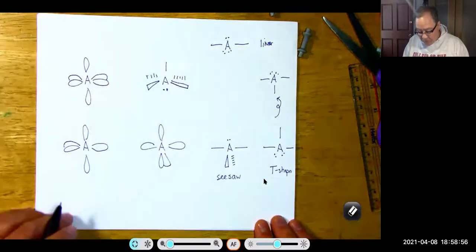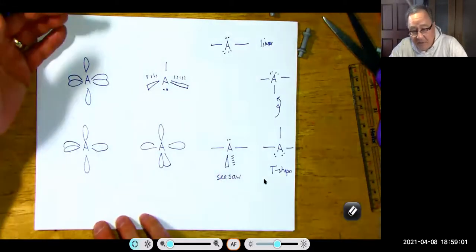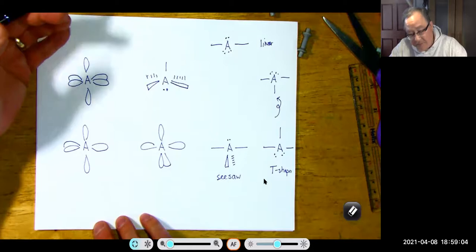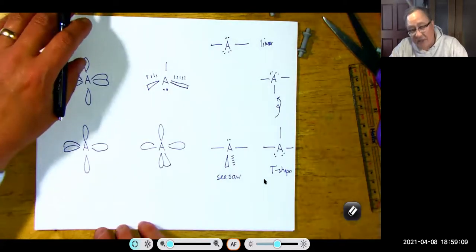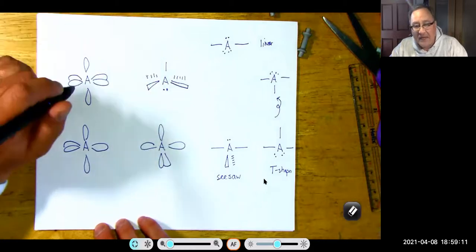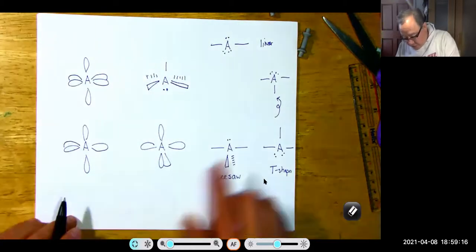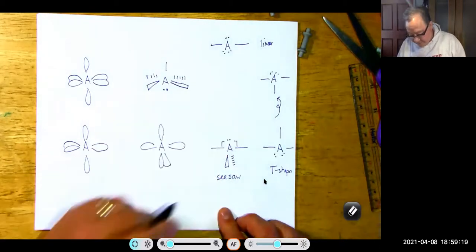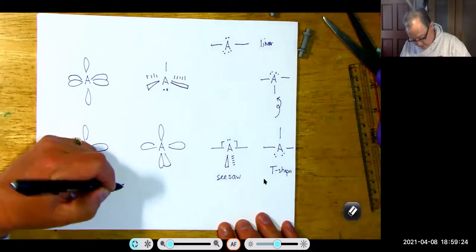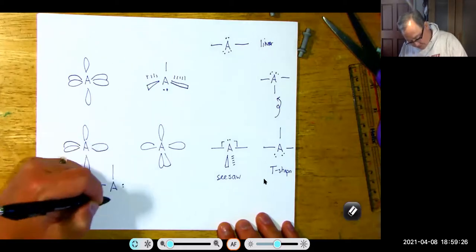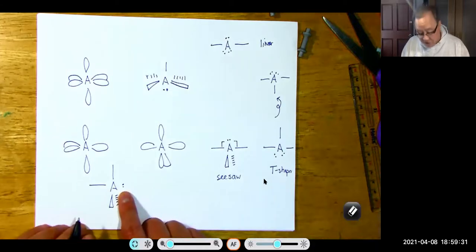And the reason we put the lone pairs equatorial is because lone pairs repel more than bonding pairs. And so you want to get as far away from everything as possible. And the best way to judge it is how many 90-degree angles there are. So in this case, you got 2 90-degree angles. Whereas if we had put the lone pair here and kept the others, see here we're putting the lone pair axially, which is no good.